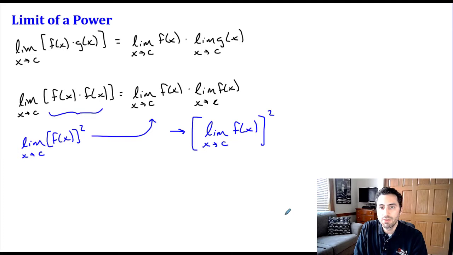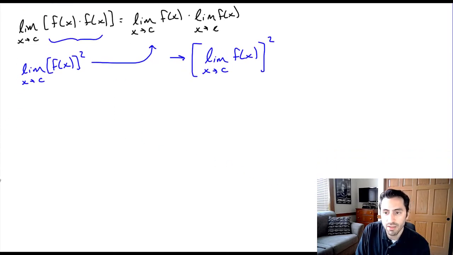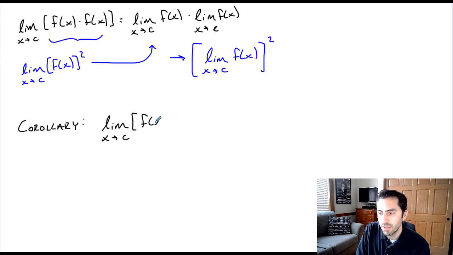So using this property, the limit of a product, if we just use the same function inside, we can end up with a new corollary that is our limit of a power. So our corollary, the limit of a power, states that if you have the limit as x approaches c, and then a function is raised to an exponent, let's call it n, this is equal to that limit raised to the power.